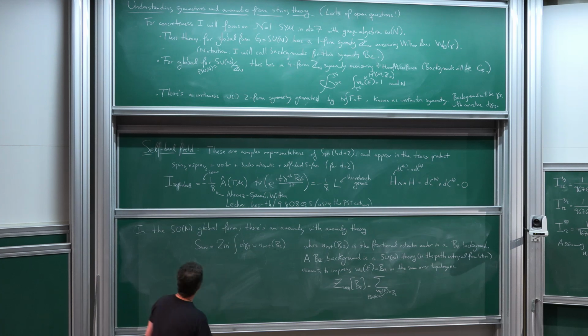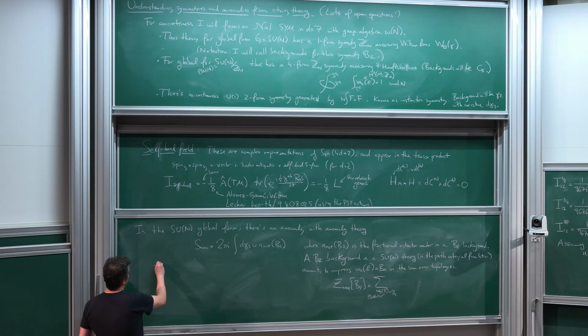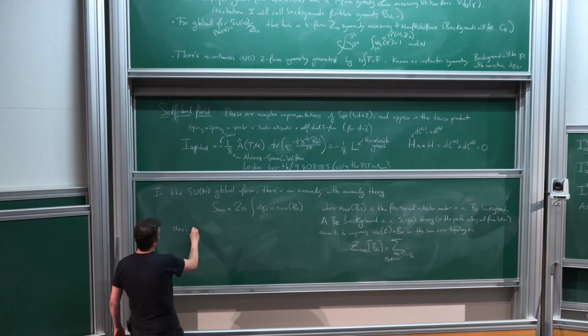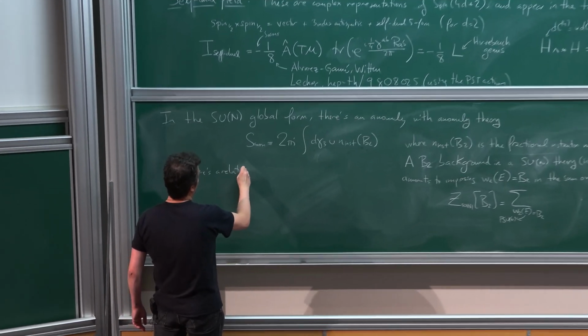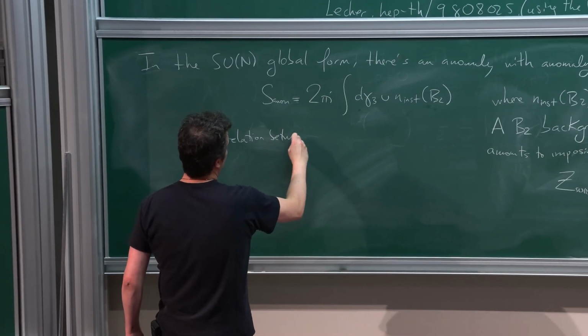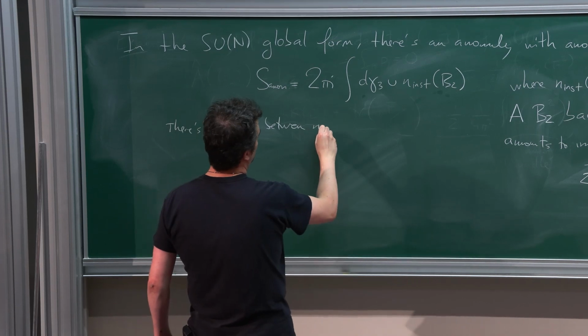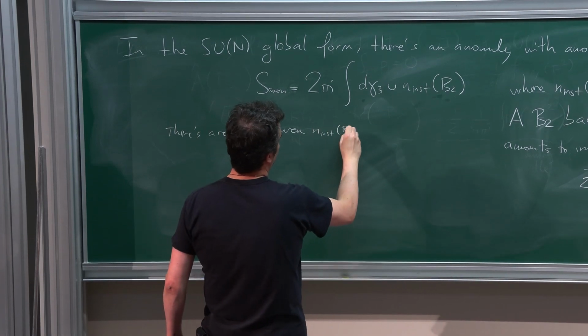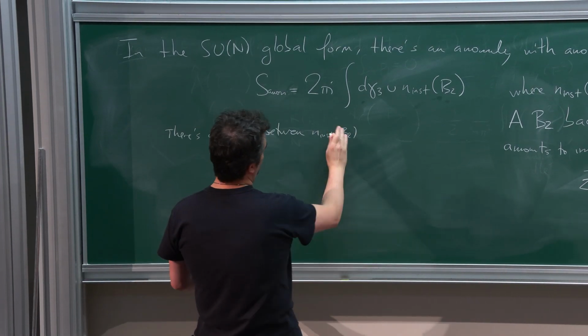All right. So as Sohar was saying, there's a relation between n inst of B2 and B2. The fraction is not a number.